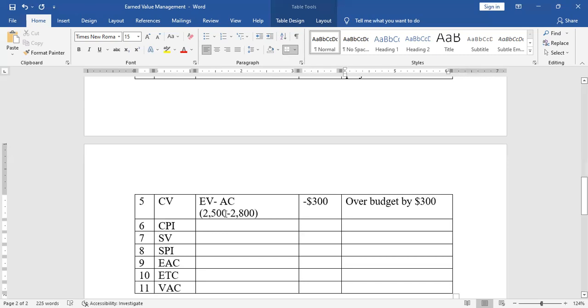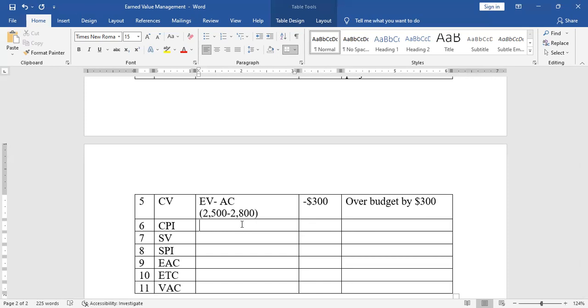Remember, EV gives us the value of work which has been done. Then AC gives us what has actually been spent. So the value of work which has been done is 2.5, and then you go and spend 2.8, meaning you are over budget.